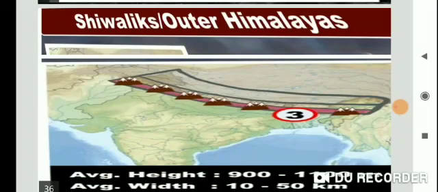The longitudinal valleys, as you see in the map, lying between the Lesser Himalayas and Shivalik are known as Duns, with names like Dehradun, Kotli Dun and Patli Dun.